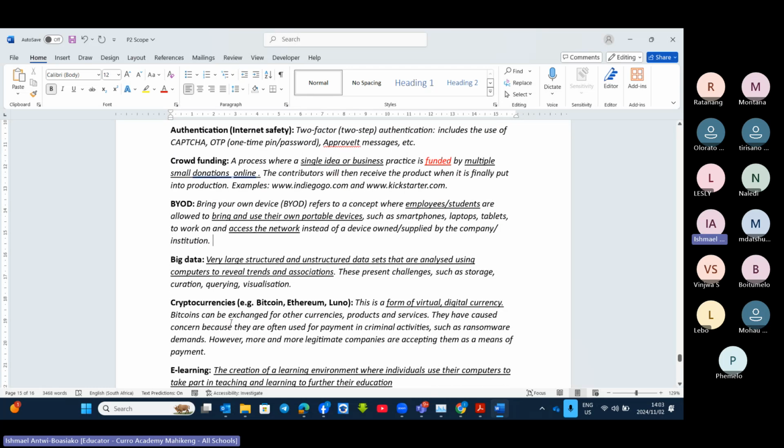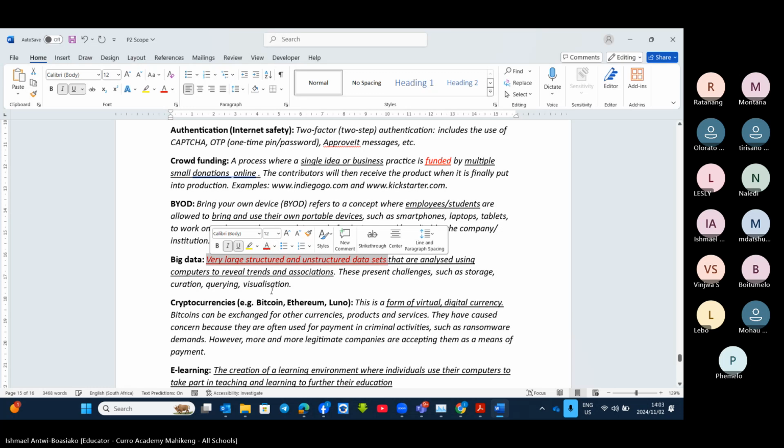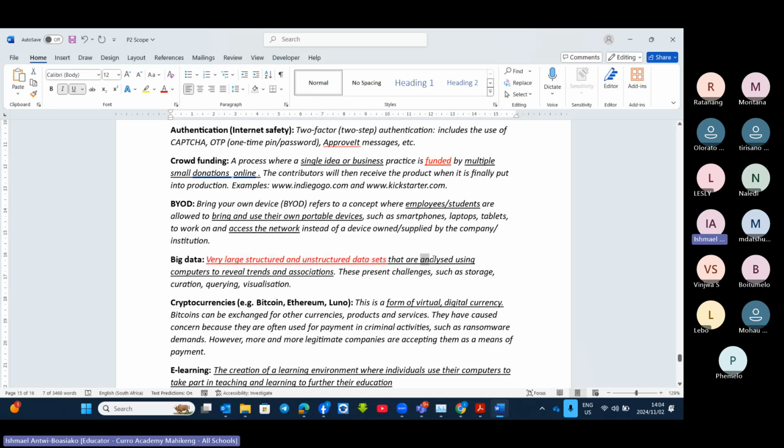And then again, we move straight to big data. The easier way to define this terminology is a large structured and unstructured data set. So this one is very important, the first part. Large structured and unstructured data set. What do we do with that data set? Analyze.